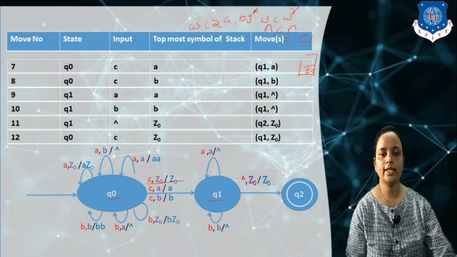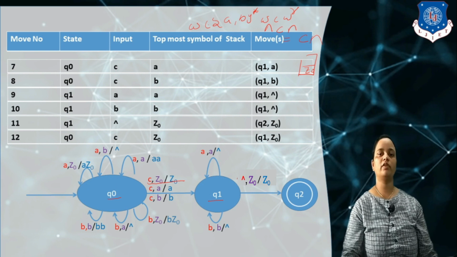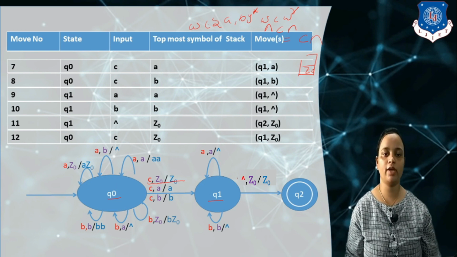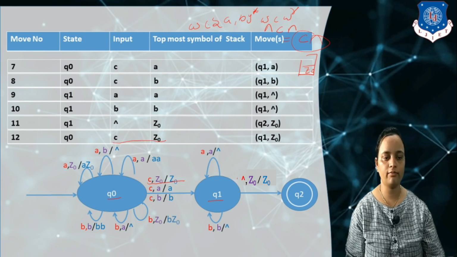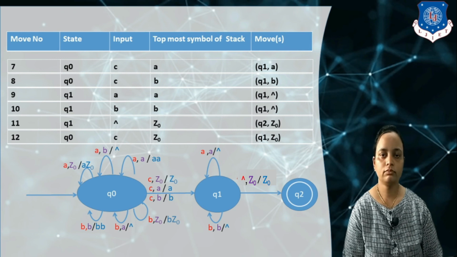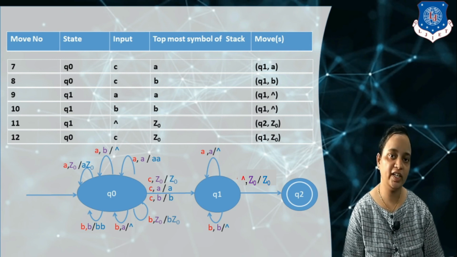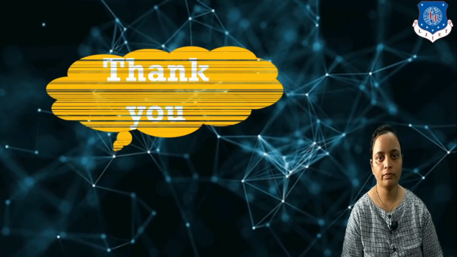Now at the end of the string, if null comes and Z0 is there, we move to the final state. In this way we can accept this string. This is the step I have mentioned here. So this is the transition for the PDA. I hope this concept is clear to you. Thank you all.